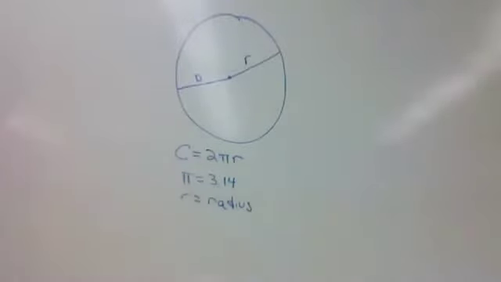Sometimes they might give you the distance across the circle, the diameter. Let's say it might be 14. Here we have 2 pi r, so we need to find the radius. If they give us a diameter of 14, we know the radius is half of that, which is 7. So in that case, we would put 7 in for radius.